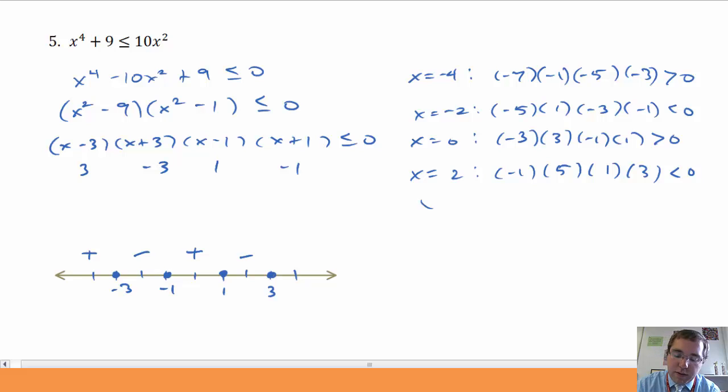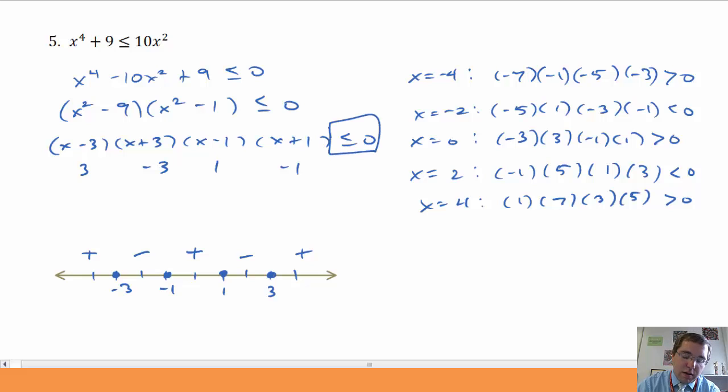And then at 4, which is to the right of 3, we'll have 1 times 7 times 3 times 5, which is all positive, so their product is positive. Now I'm only interested in where it is less than or equal to 0. So I'm only interested in the places where it's negative, so between negative 3 and negative 1, and between 1 and 3. So my solution set is a set of all x, such that x is between negative 3 and negative 1, including negative 3 and negative 1.